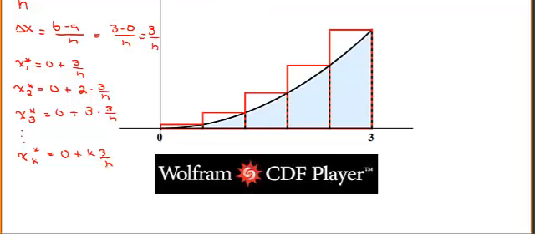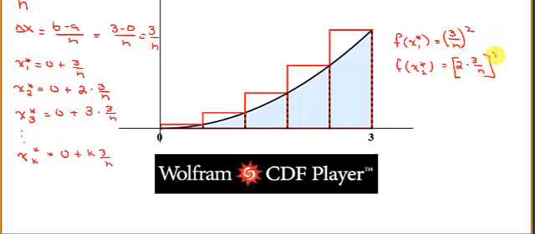All right, so now our function values. f of x sub 1 star is going to be 3 over n squared. f of x sub 2 star is going to be 2 times 3 over n, squared, and f of x sub 3 star will be 3 times 3 over n, squared.